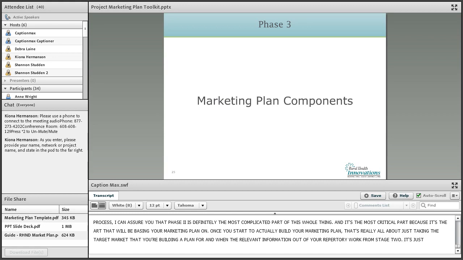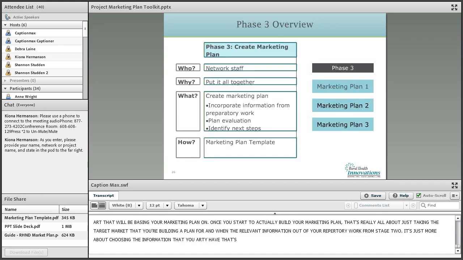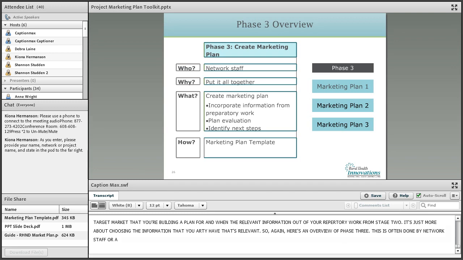So once you start to actually build your marketing plan, that's really all about just picking the target market that you're building the plan for, and pulling the relevant information out of your preparatory work from stage 2. So there's not a whole lot of creation in the marketing plan. It's just more about picking and choosing the information that you already have that's relevant for this particular market.